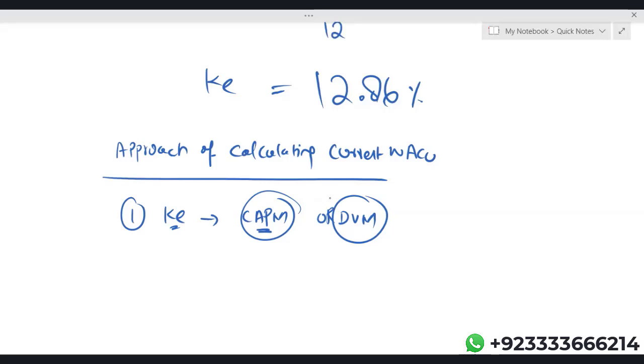That is in case of a perfect capital market. Now the question is, what do you mean by perfect capital market?